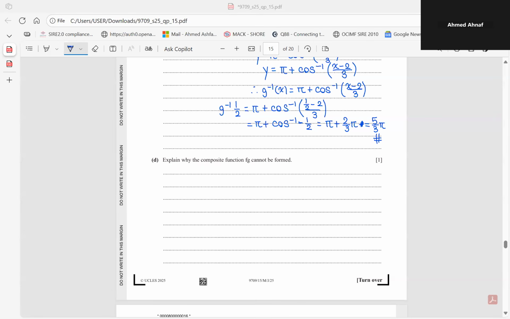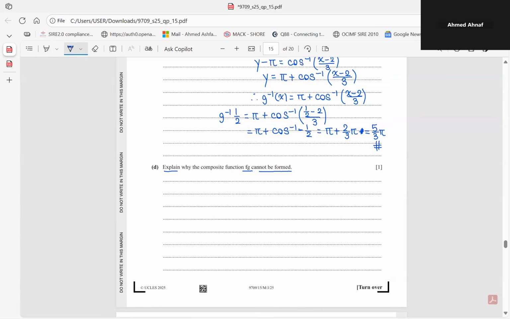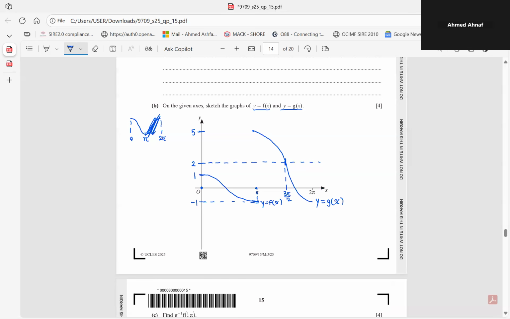Okay, so for this part, we're going to have to explain why the composite function fg cannot be formed. For a composite function like fg to form, the range of the inner function, g, has to be within the domain of f. So let's see what the domain of f is.